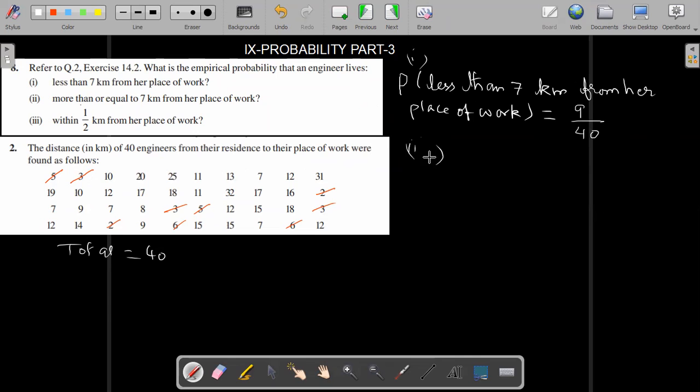Second, find out the probability of more than or equal to 7 kilometers. More than or equal to 7 kilometers means 7 kilometers and more than 7 kilometers.